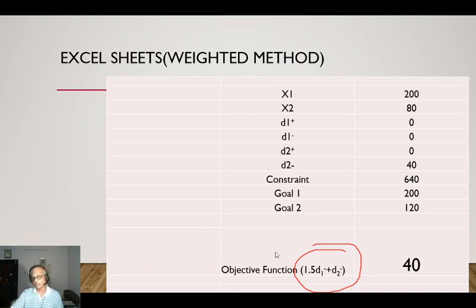If you put the objective function as 1.5 d1 minus plus d2 minus, I get 40. That means this is the shortage I get. So 200 is for x1, this is for 80, goal 1 is maintained, but goal 2 is down by 40.